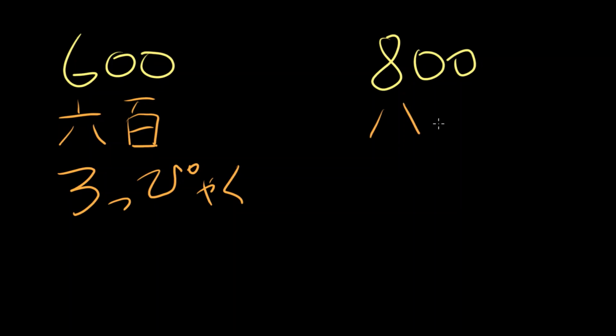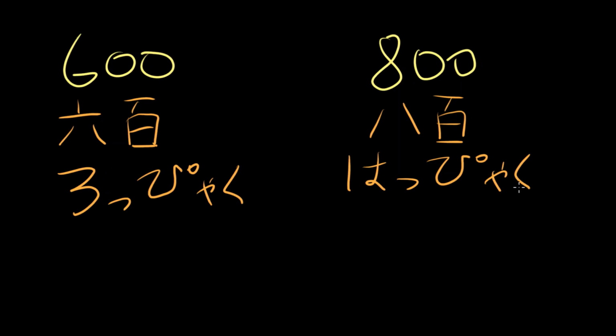The kanji for 8, the kanji for 100, and that's pronounced happyaku. You just have to remember that 300, 600 and 800, the 3s, 6s and 8s, have an alternate, slightly different pronunciation.